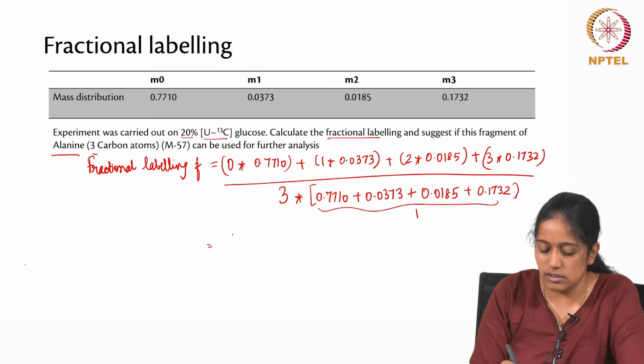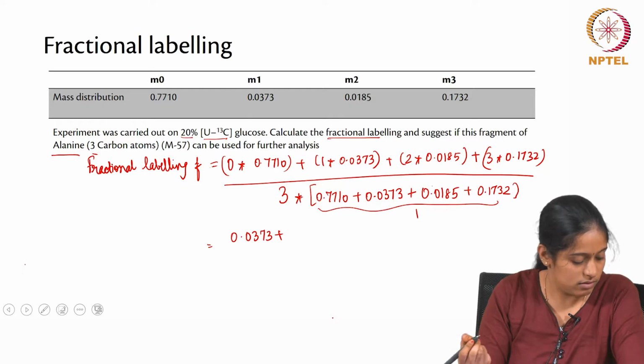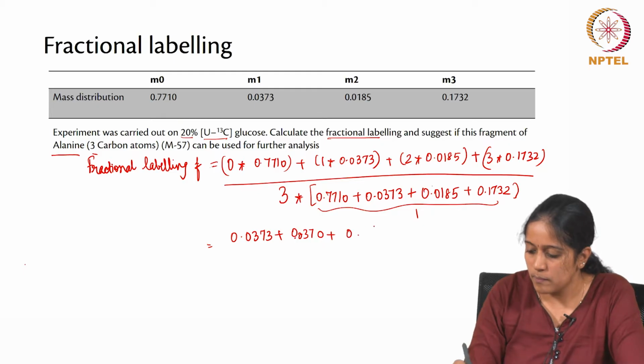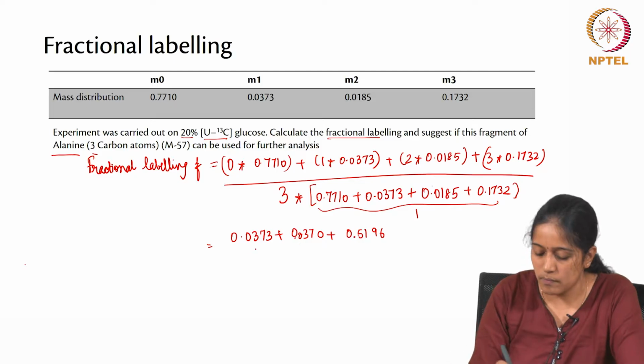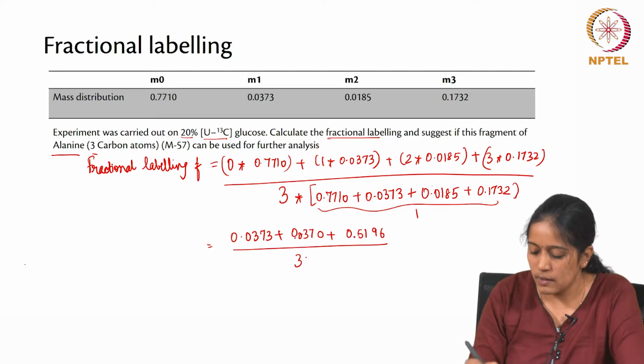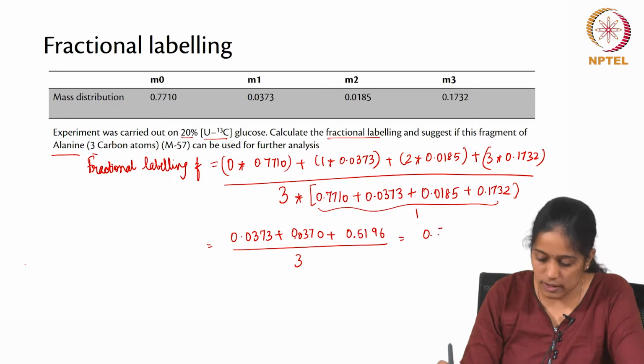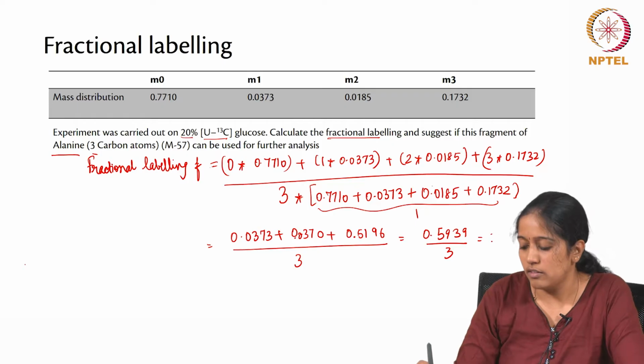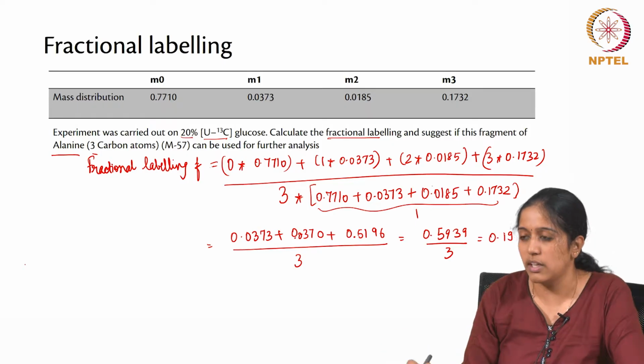So, this is 0.0373 plus how much ever it is. So, this roughly comes to 0.5939, and this by 3 is around 0.19.